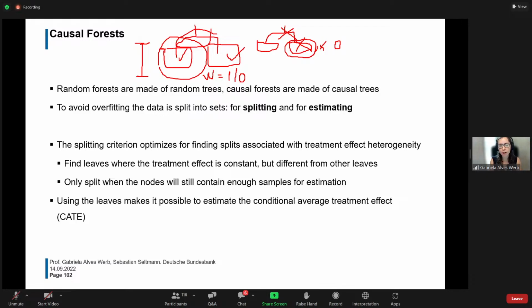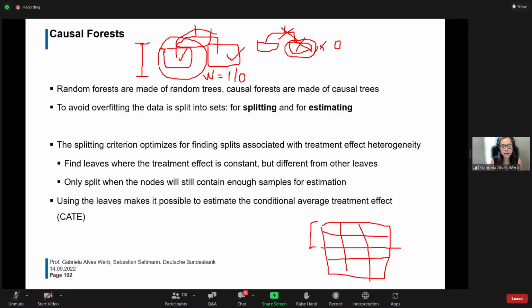So how do we avoid that? These trees are grown with 2 separate samples. So we have the original data, and what we're going to do here is take half of this data. So let me finish drawing my data set. So we're going to take half of this data, or at least not always half. It can be half, and typically you do half, but you could also set this a little bit differently.